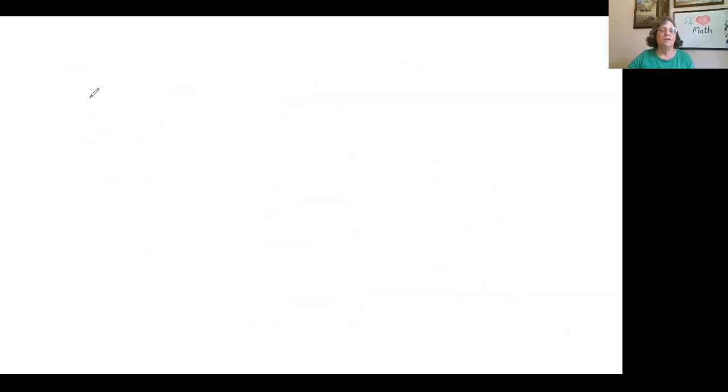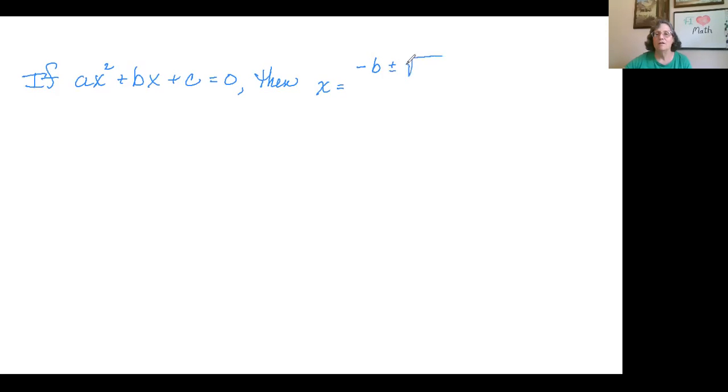I am not going to go through completing the square, because if you take your most general possible conceivable quadratic equation, ax squared plus bx plus c equals 0, and you follow through the process of solving for this using the method of completing the square, you will discover that x will always equal the opposite of b plus or minus the square root of b squared minus 4 times a times c, with the whole entire thing divided by 2a. This is called the quadratic formula.